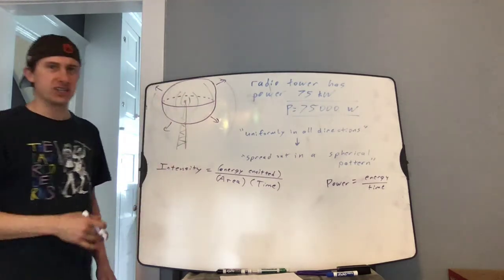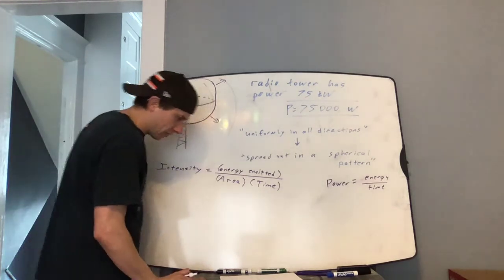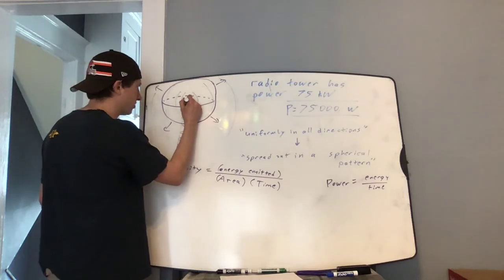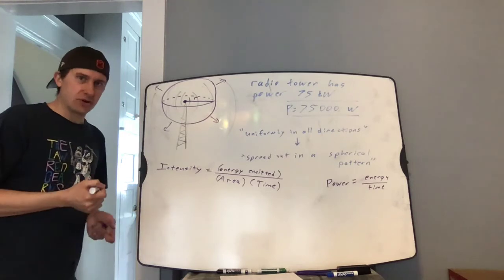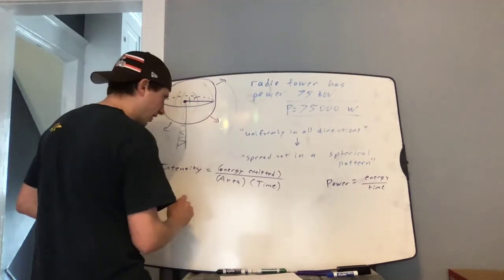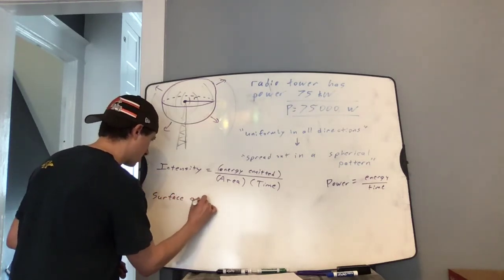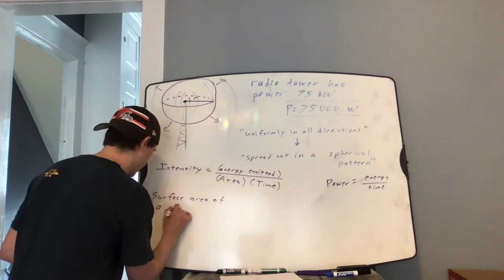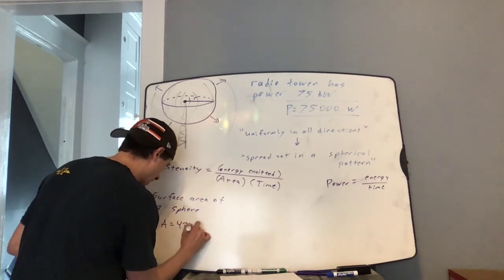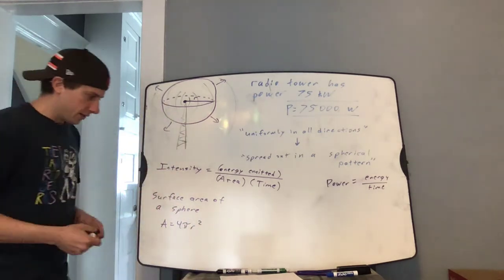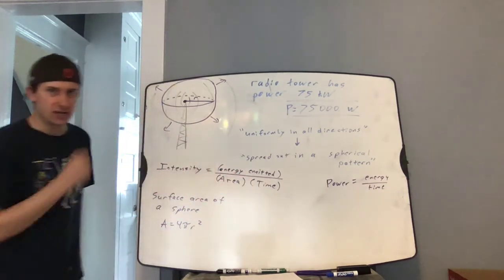At this moment, the signal is a distance r away from where it was emitted. The surface area of a sphere is given by 4 pi r squared. So the intensity is the power, energy over time, divided by area.